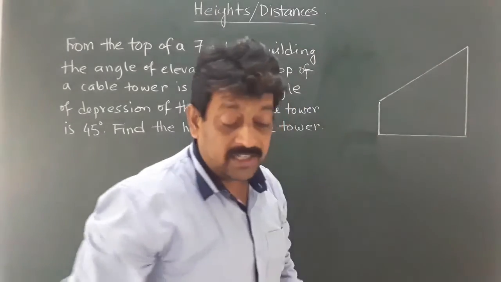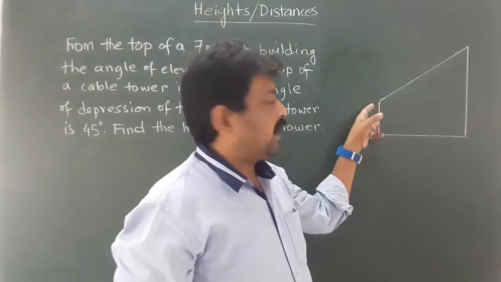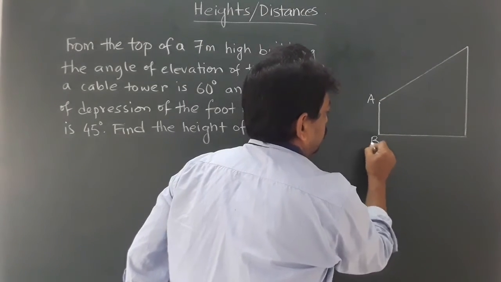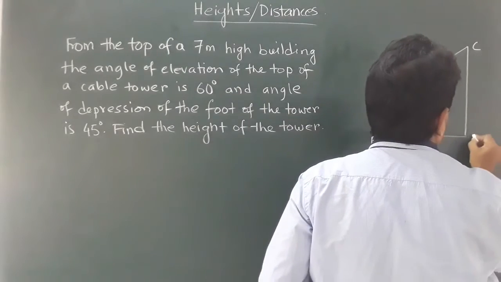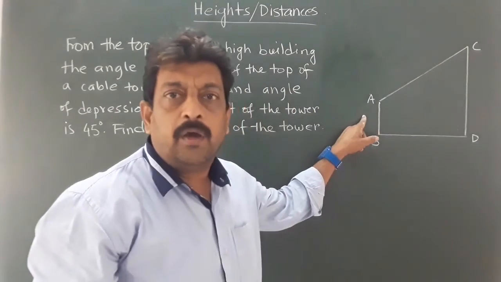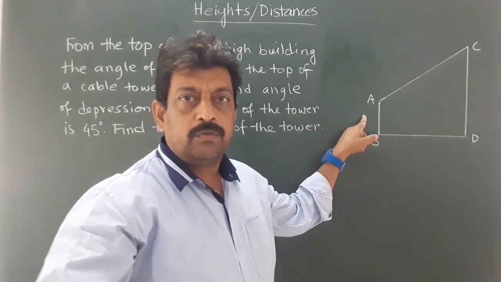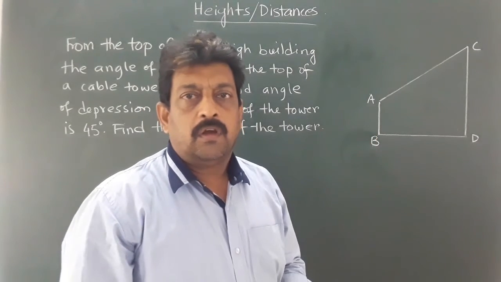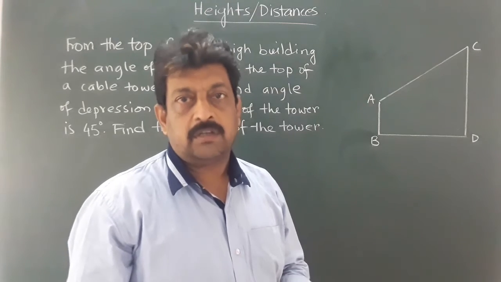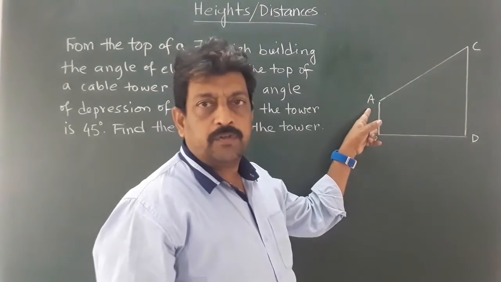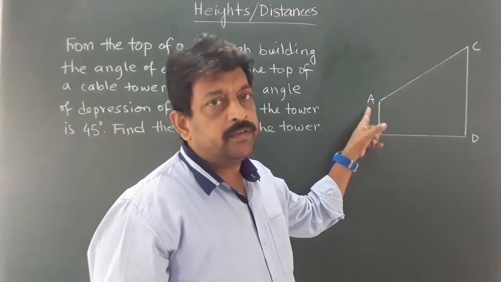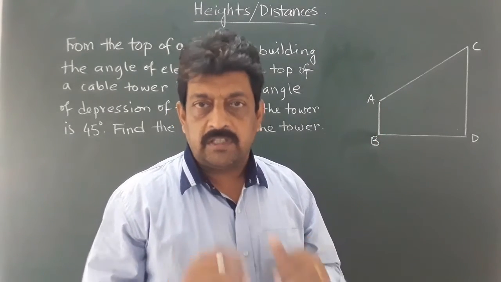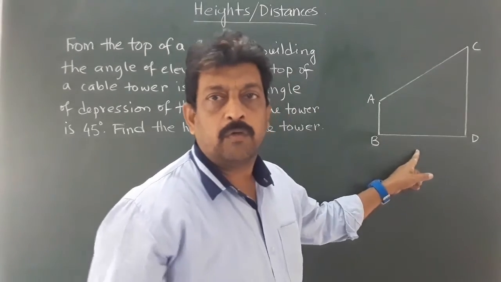Suppose AB is the building and CD is the tower. A is the point of observation, but we know that angle of elevation and depression are always drawn with respect to the horizontal line. So here at the point of observation, there is no horizontal line. That means we have to draw one horizontal line, which is parallel to the ground level.